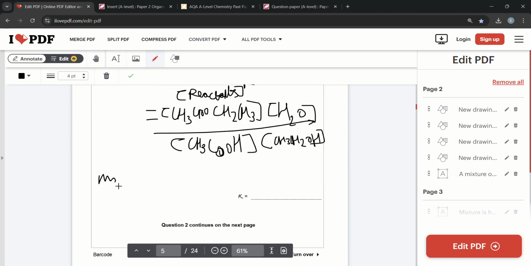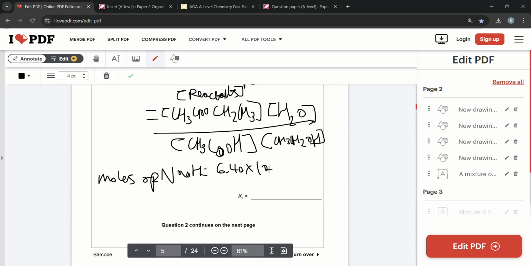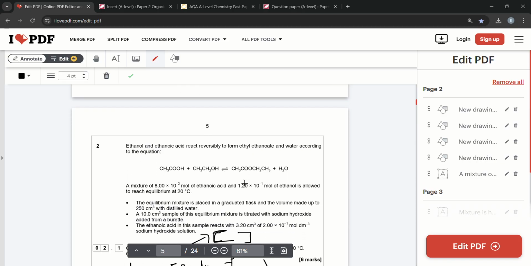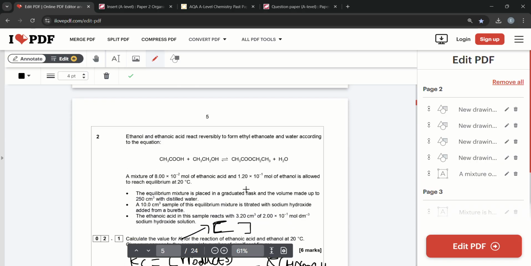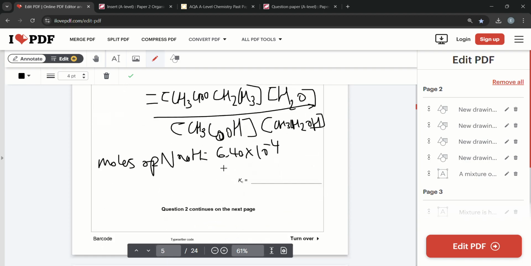The moles of sodium hydroxide in each titration is 6.40 times 10 to the power minus 4. I'm not going to be able to do the full calculation because I'm not going to have enough space. How did you get that? Well, you do 3.20 times 2.0 times 10 to the power minus 1 divided by 1000, the moles of sodium hydroxide from concentration and volume.